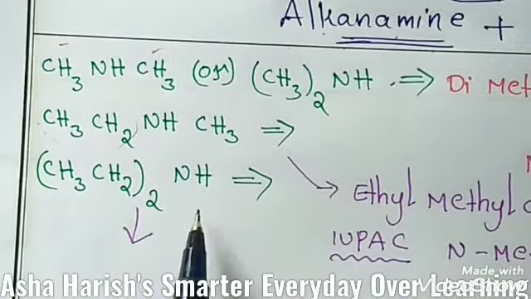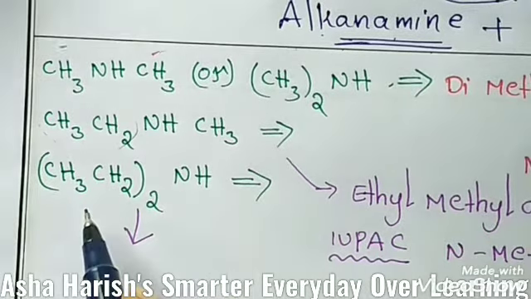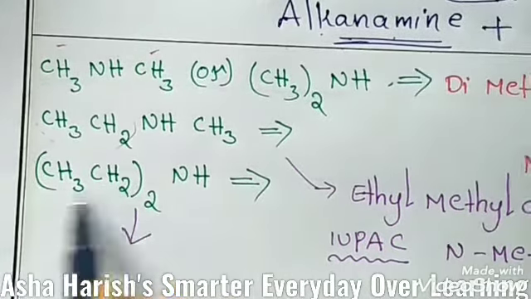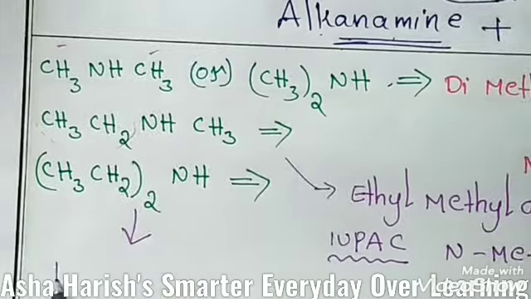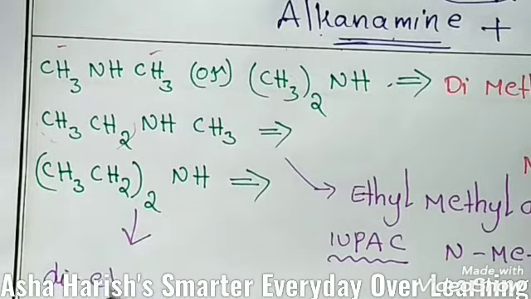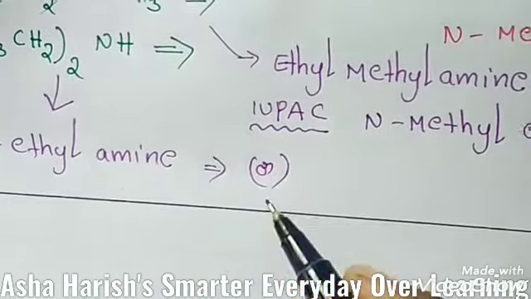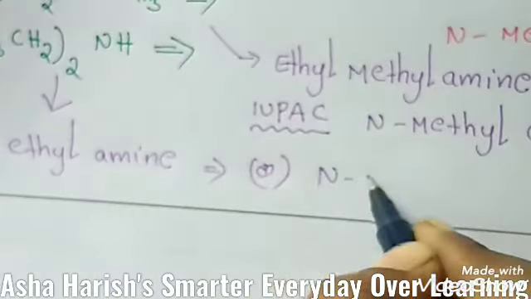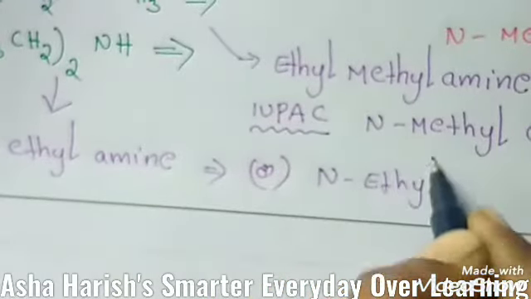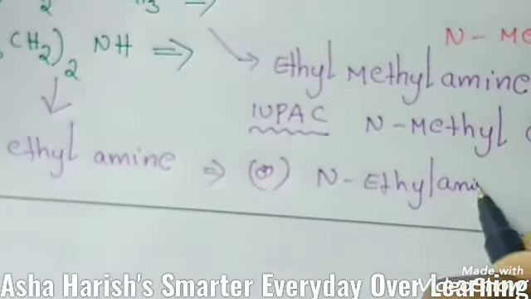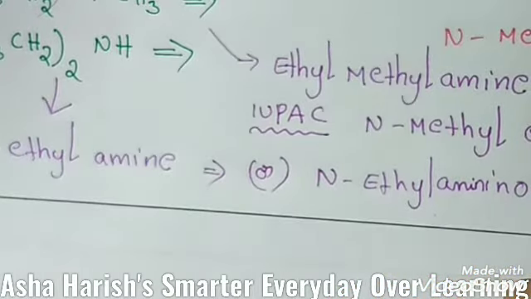Let's see the third compound, students, (CH3 CH2)2NH. Here these ethyl groups are 2, then obviously diethyl amine, or N-ethyl amino ethane.